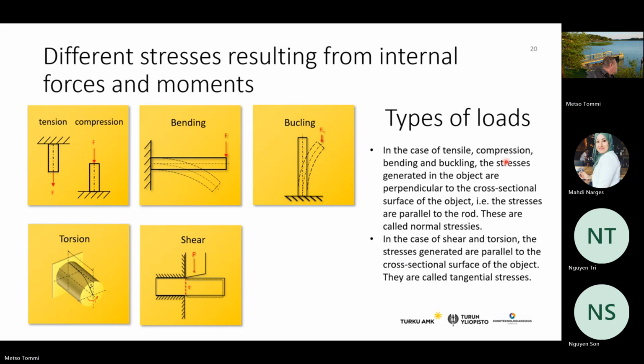Here is a collection of different kinds of stresses: tension, compression, bending, torsion, shear. We are going to watch all of these during the course. Sorry, buckling is not included.